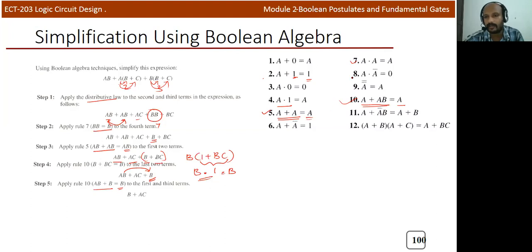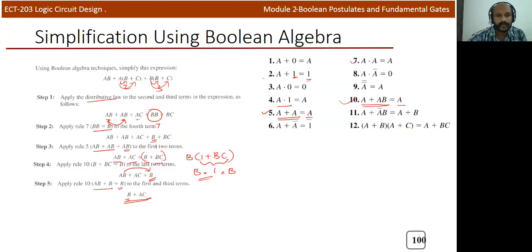I'm only representing some random numbers, so to identify which rules we are going to apply. And this is an absorption law. So you can see that A plus AB is equal to A. So finally, if you replace AB plus B by using B, and AC is already there, the final term is B plus AC.